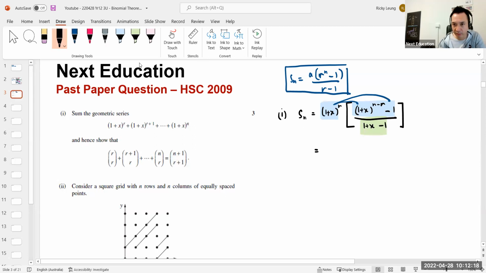What you get is, if you look at the algebra here, if I have a to the power of r times a to the power of n minus r, when you add the powers on top, the r's go away, right? So in this case, you get 1 plus x to the power of n minus 1 plus x to the power of r all over x, right?